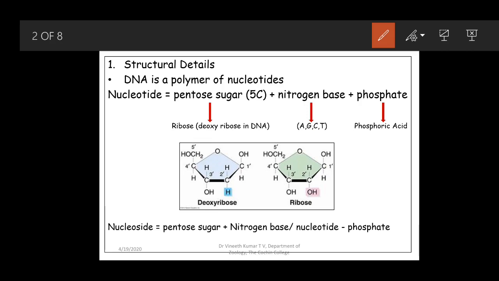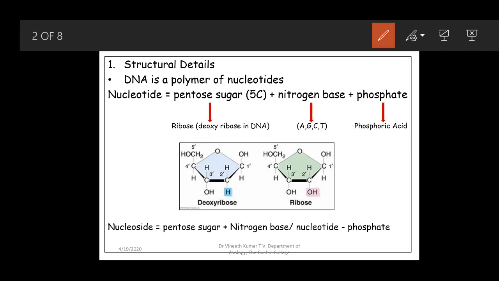They are adenine, represented by A, guanine represented by G, cytosine represented by C, and thymine represented by T. In RNA, this T will be replaced by uracil, which is represented by U. And the third component of a nucleotide is a phosphate, which is in the form of phosphoric acid.